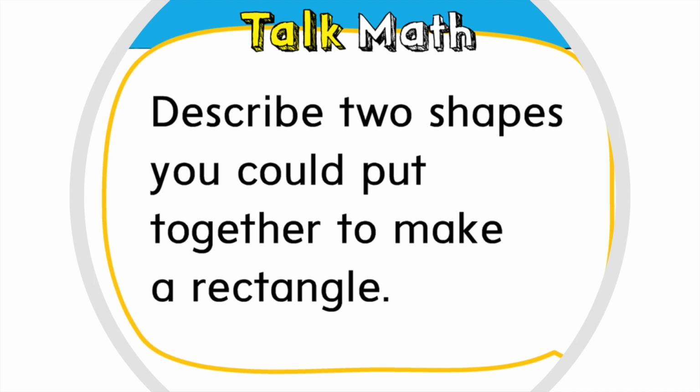Think about what we've learned so far. Go ahead and describe 2 shapes you could put together to make a rectangle. Excellent. Yes, you can use 2 squares to build a rectangle.